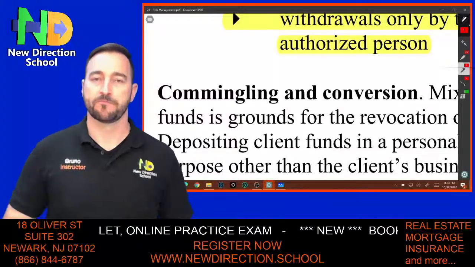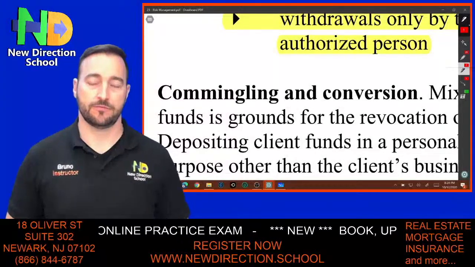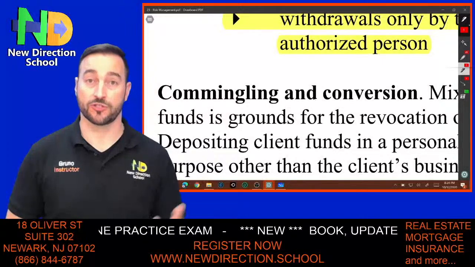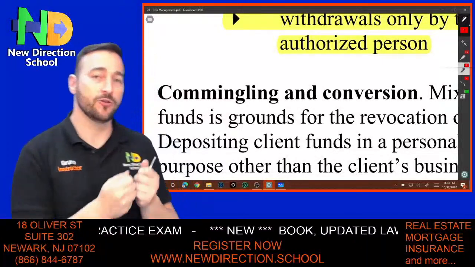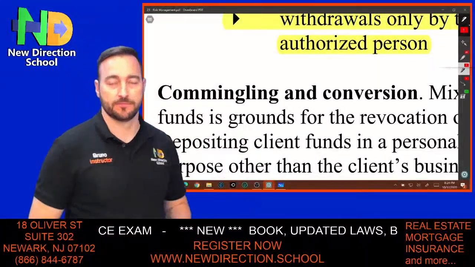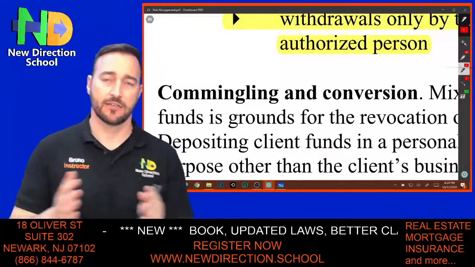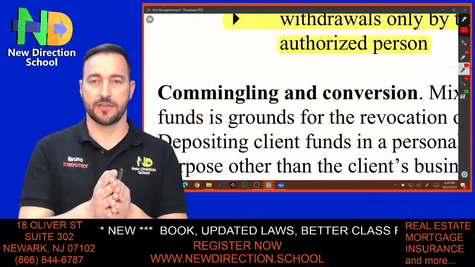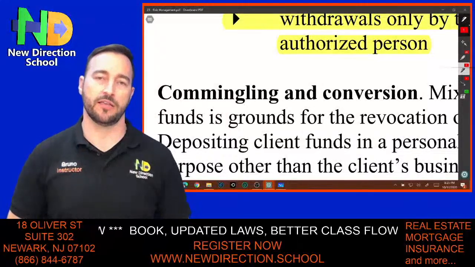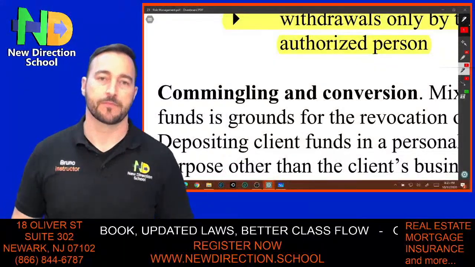So for instance, you deposit $1,000 towards the offer, right, towards the purchase, and I turn around and use that money to buy a new computer for the business. That's conversion. Commingling is the mixing of funds. Conversion is me using your money for other purposes. All right?